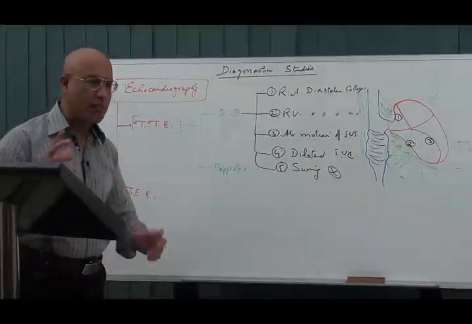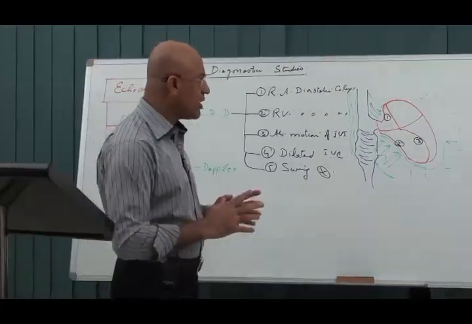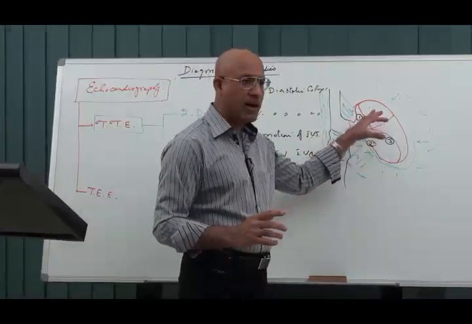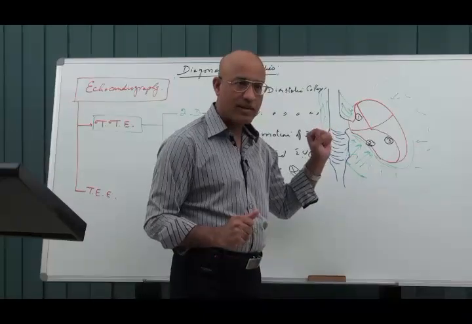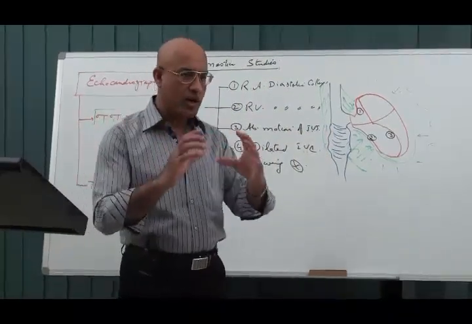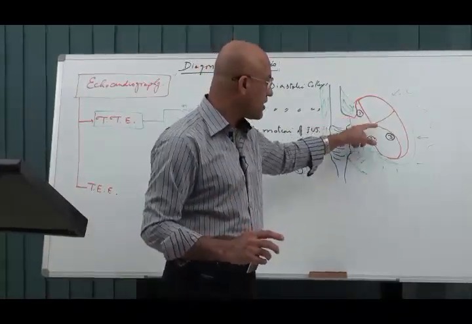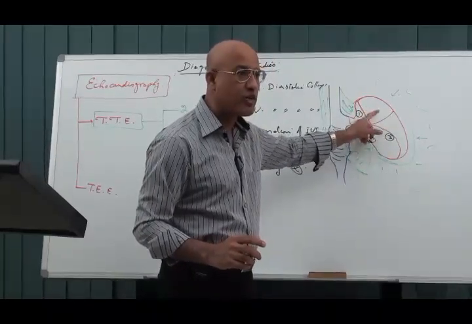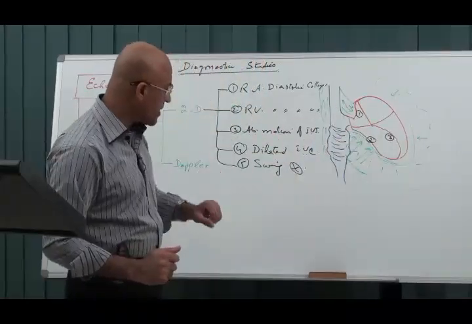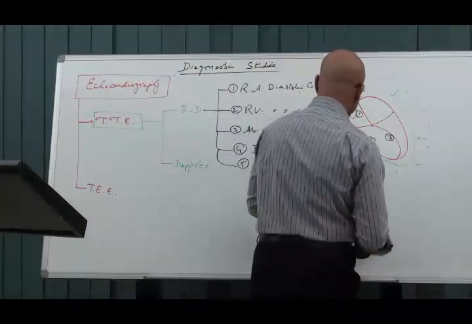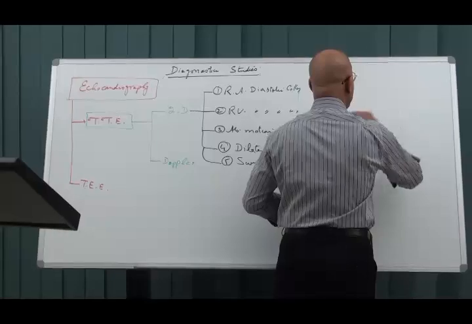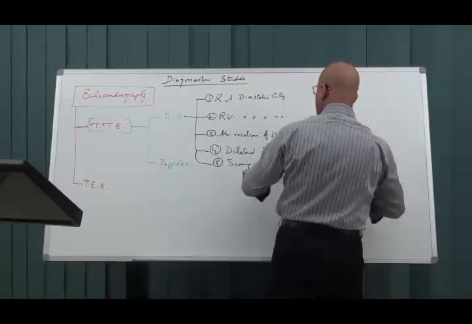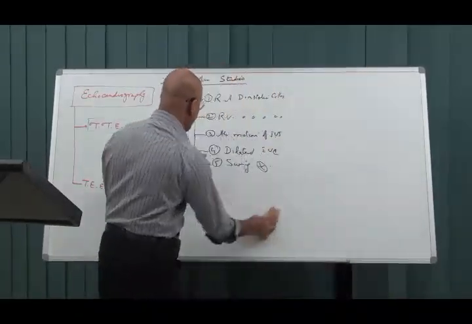Now we come to the Doppler findings. Doppler actually tells about the blood flow, how the blood is moving through different chambers, especially across the valves, right? So let me make another diagram. What will you see in Doppler echocardiography? These findings are 2D echocardiography findings.